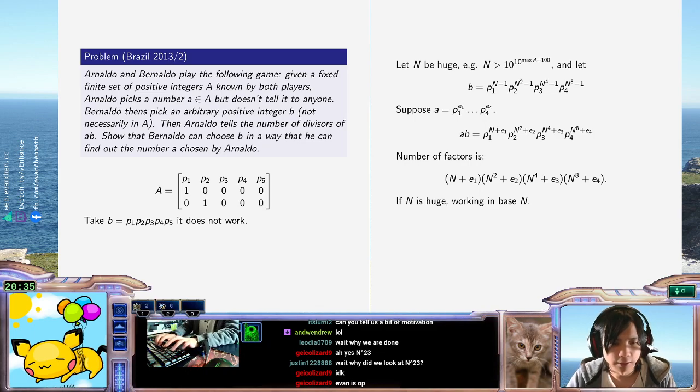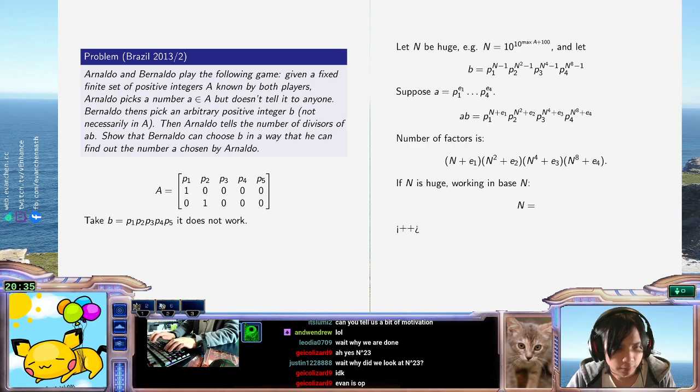So n is like, in fact, I'll even do n equals 10 to the 100 because it's easier to think about if you think n is a power of 10. Like the product of number of divisors.